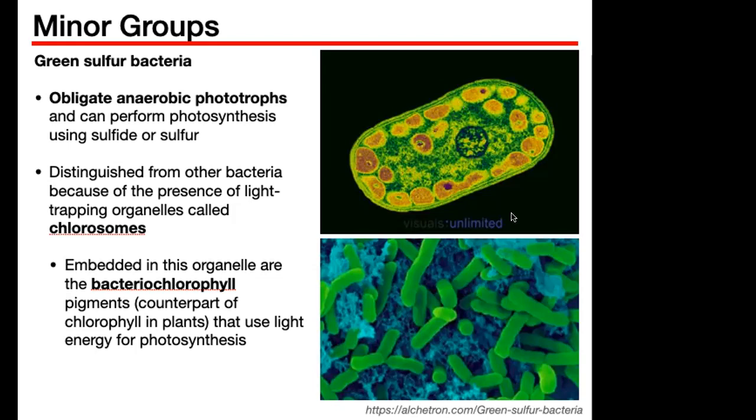And embedded in this chlorosome are bacteriochlorophyll pigments, which use light energy for photosynthesis. So it is very similar to chlorophyll. Okay? So if plants have chlorophyll, green sulfur bacteria have bacteriochlorophyll.